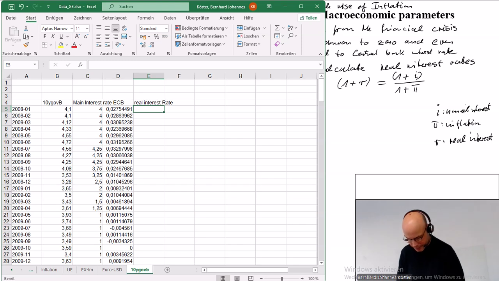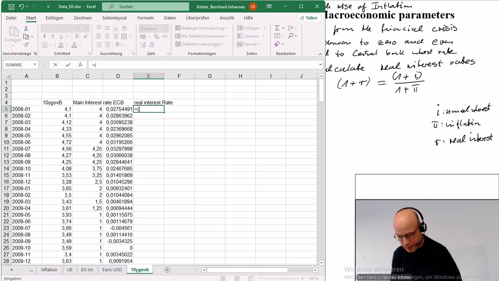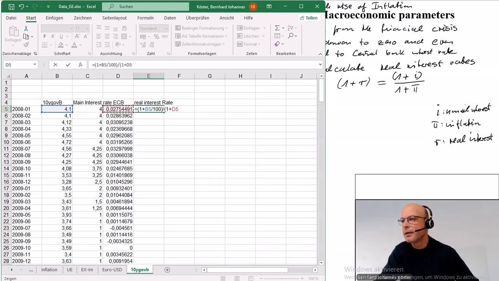calculating the real interest rate, you have to calculate 1 plus the nominal interest rate, the 4.1, but this is given in percent. So this number you have to divide by 100, dividing by, oops, the inflation, and the inflation is already given in the right representation. So please do not divide this also by 100.